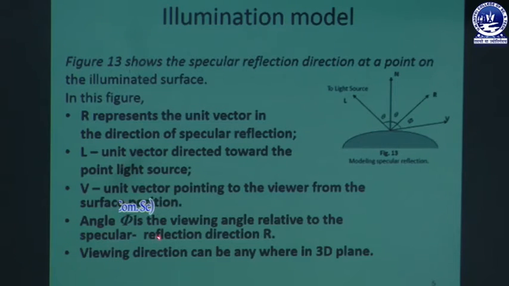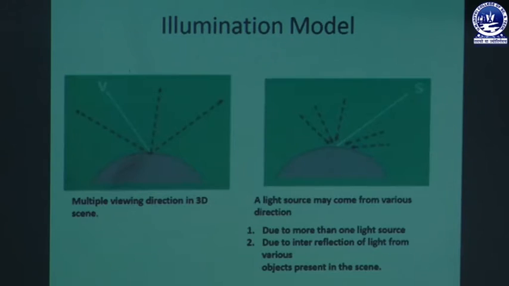And lastly, it provides one angle value, the viewing angle, relative to the specular reflection direction R. That means from which position and at which angle the user is viewing the object is calculated by using the angle theta. And lastly, it is compulsory to view the object in every direction if the object space is 3D. Okay. So now we go to our next concept, that's illumination models.